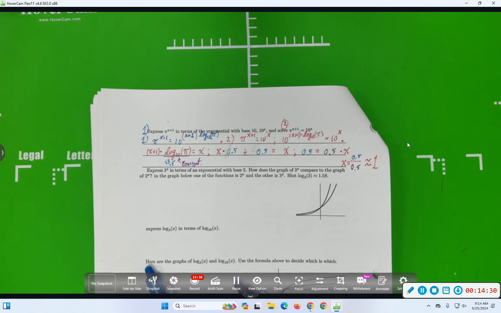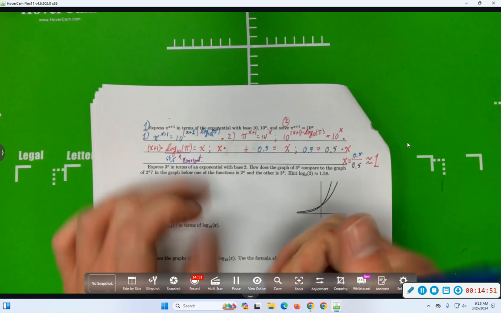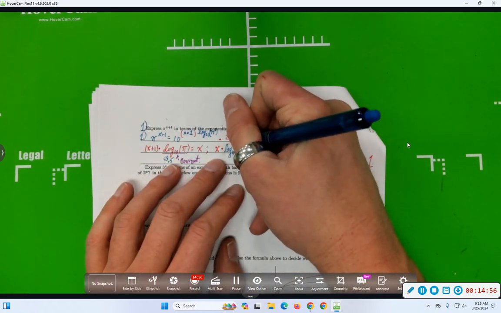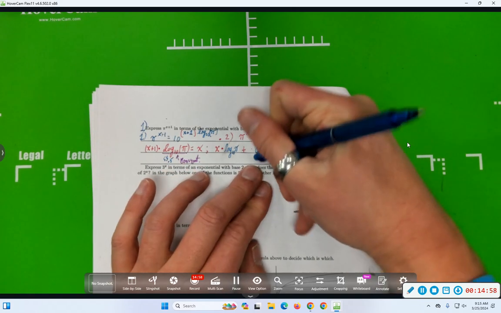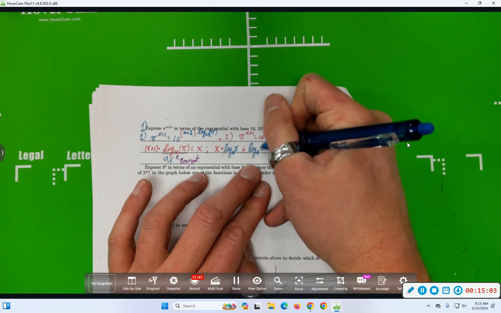I'm going to change all this work to actually get exact values. So these blue 0.5s, what are they actually equal to? Log base 10 of pi. So let's just replace all of those with log base 10 of pi. I'm going to use the fact that I have something erasable. So x times log base 10 of pi plus log base 10 of pi.